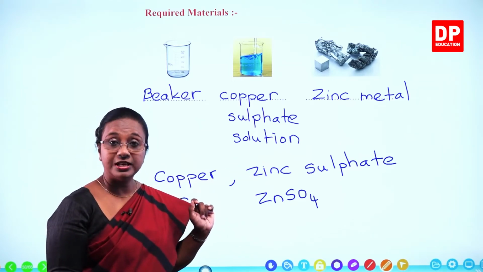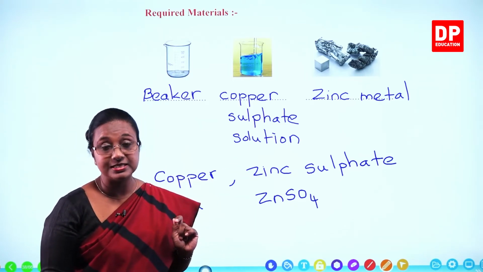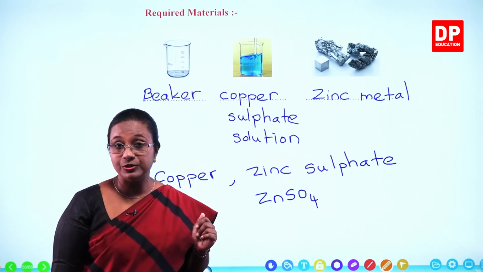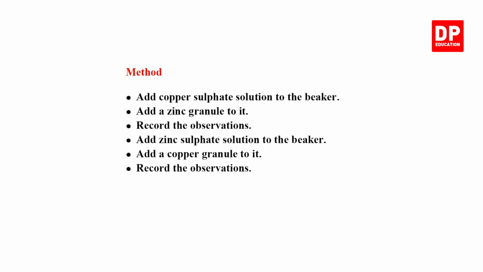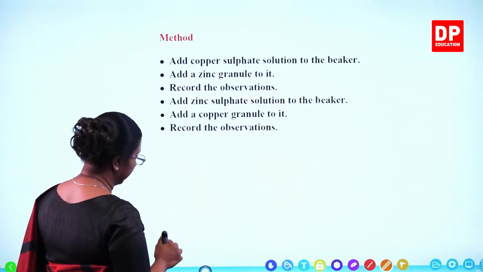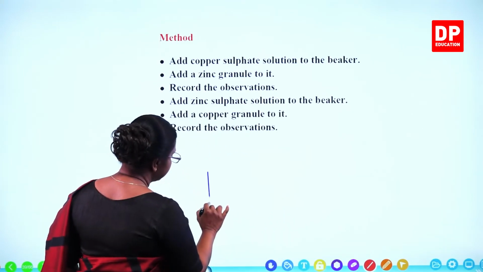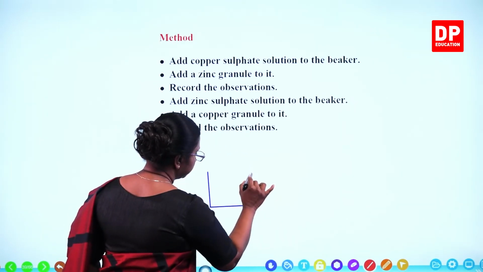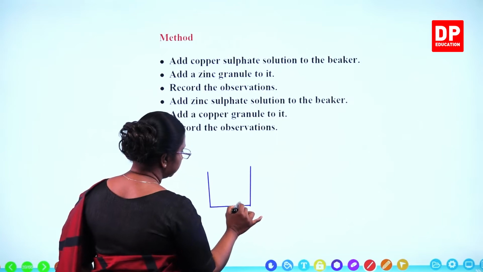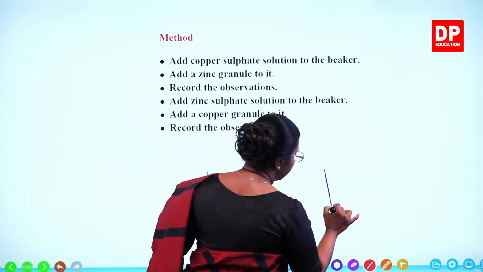So let's go to the next slide and look at the procedure again. Thereafter we will do the activity. The method: add copper sulfate solution to the beaker. So here we will need to have 2 beakers, and the other beaker.